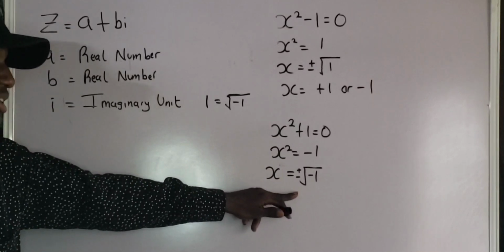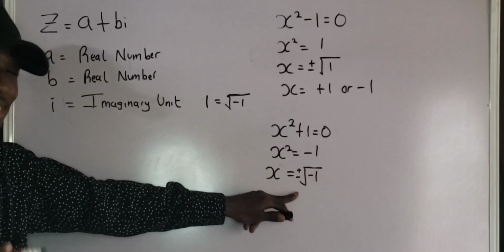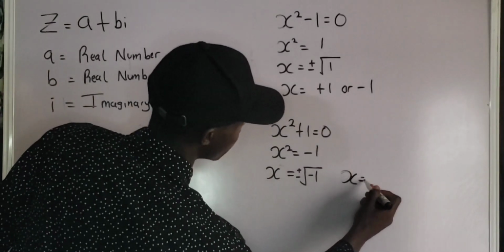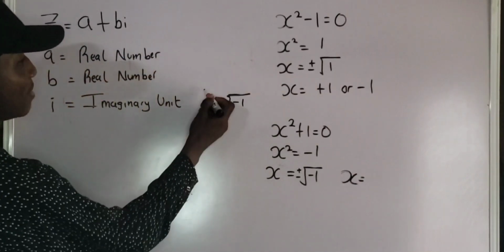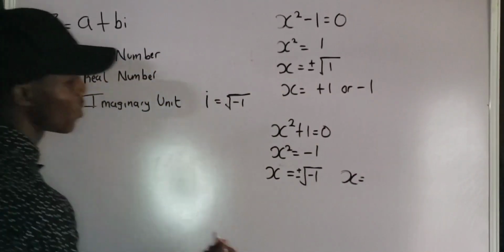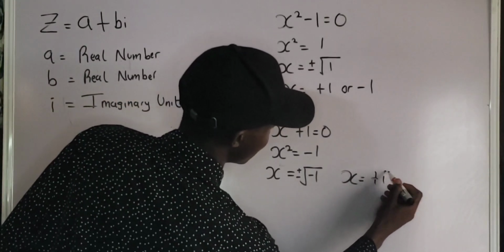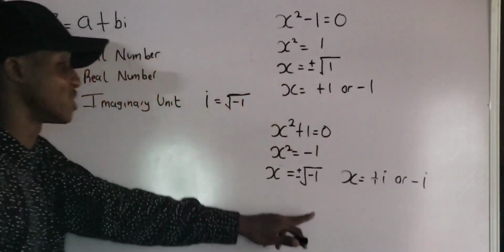The calculator will give you a syntax error or math error. So in an attempt to solve this, since we know that the root of -1 is known as the imaginary unit, I, we can proceed as this: x is equal to plus I or negative I. You understand? Where I is the root of -1.